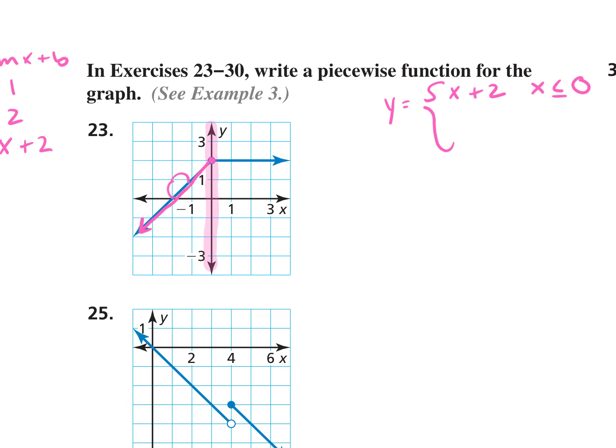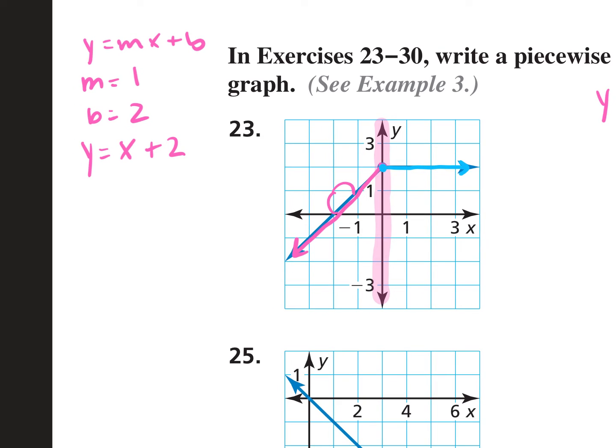All right, let's look at our second piece. So my graph starts here and goes this way. So if I have y equals mx plus b, and I need to know my m, and I need to know my b, what's my slope here? 0. Awesome.